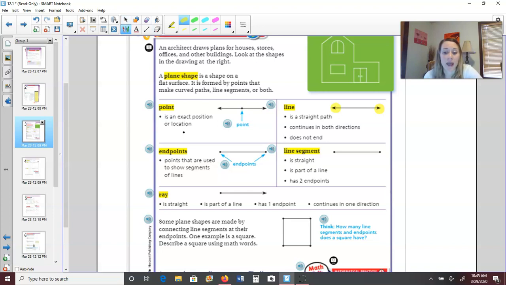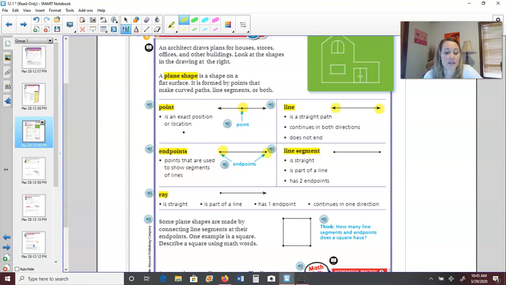So when we talk about endpoints, you see here how they put a point. Remember, we learned about points up here. They put a point at the end of the line. So now this line actually does not continue on and on. It stops. It would be showing part of a line.